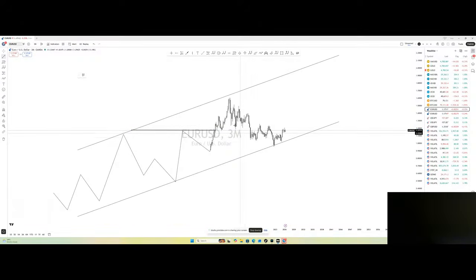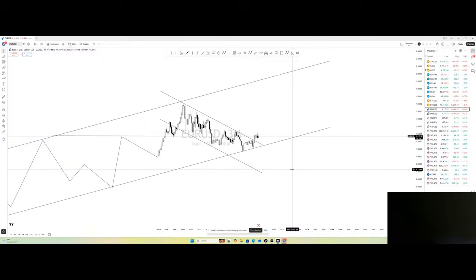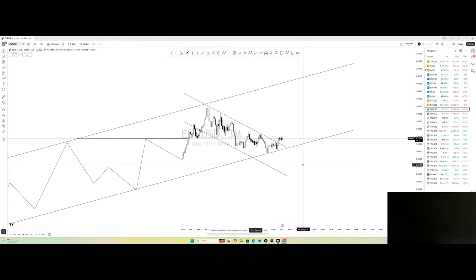For Euro USD, the corrective move, we studied the correction very well because it's going to give us the entry for the impulse. This is what it looks like. Euro USD, 3 months.